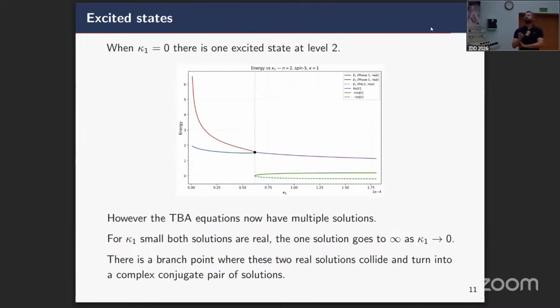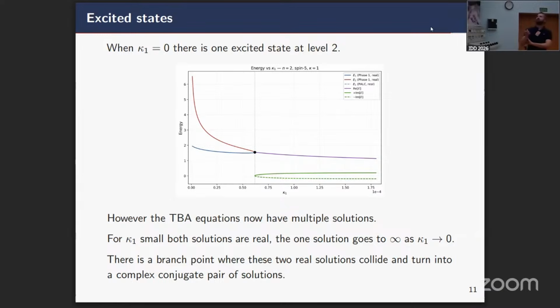So again, I've just picked one example that we've solved numerically. If I take one of the excited states that's equivalent to a level 2 excited state in the Lee-Yang model, then when kappa 1 is 0, I just get the Lee-Yang value for the energy of this state.